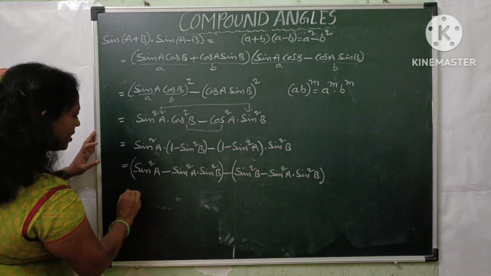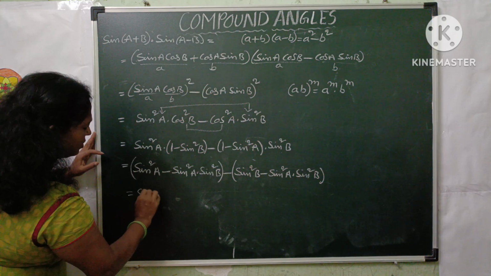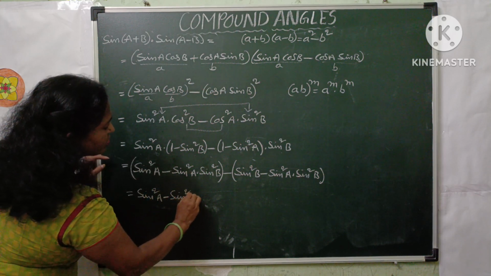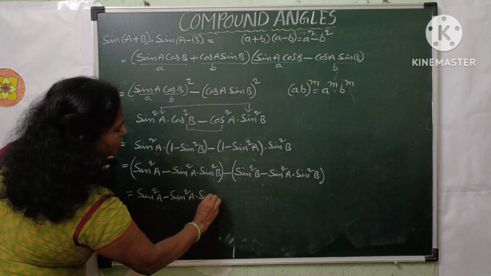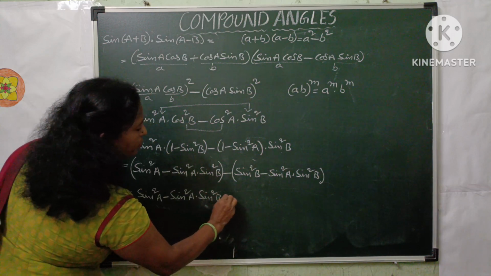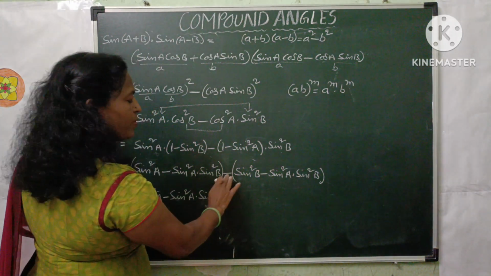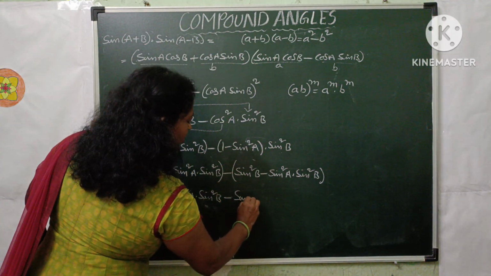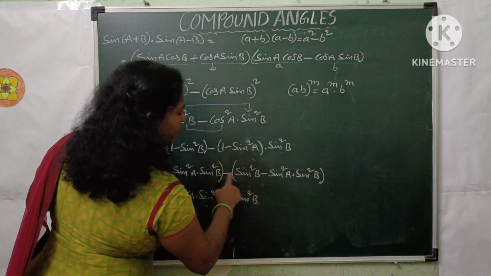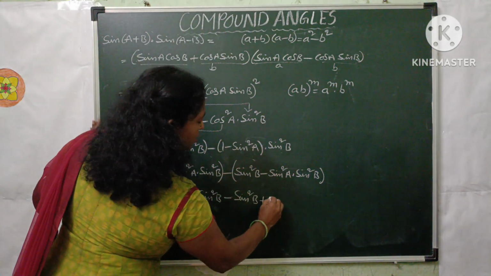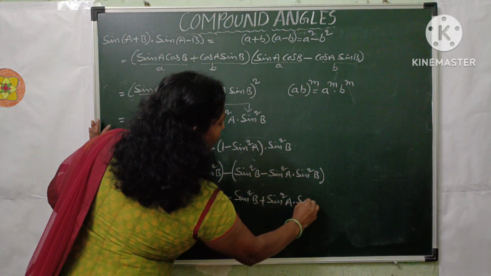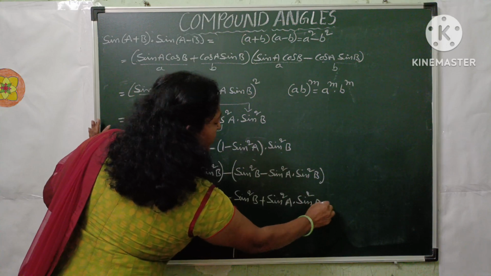Now open the brackets. Sin square a minus sin square a sin square b, minus, before the bracket minus, inside opposite sign: sin square b plus sin square a sin square b.